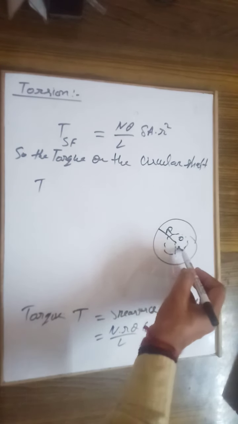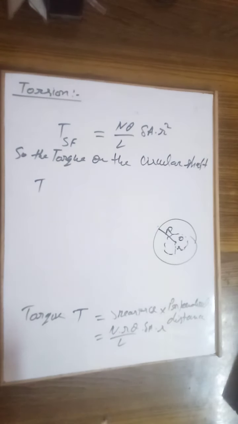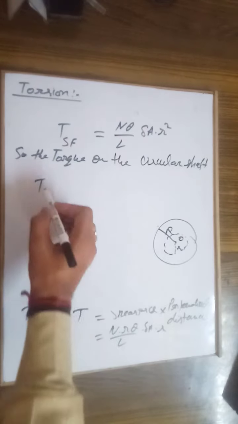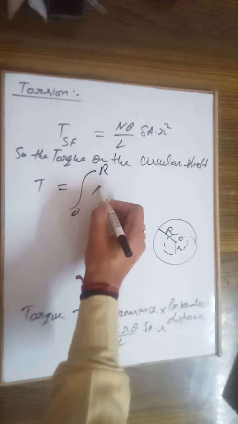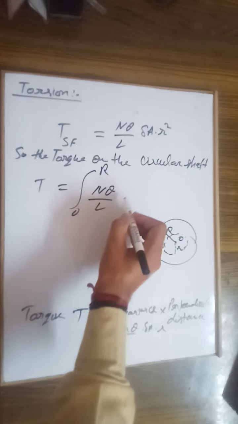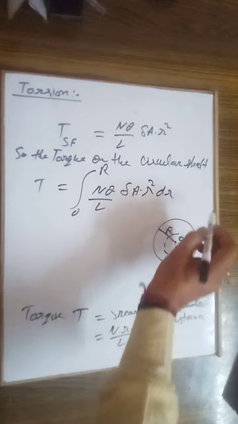So from r equals 0 to capital R, if we integrate this sum, we will have the integral from 0 to R of n theta over L delta A r square dr.